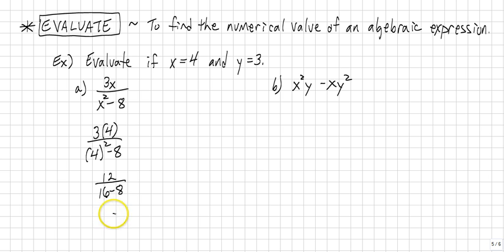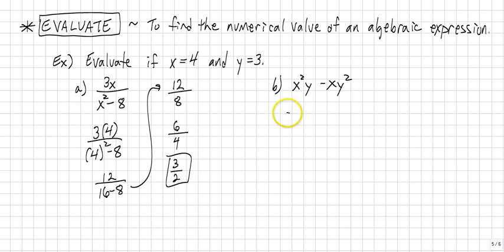And then from there, we have a 12 over 8. And then we can simplify. So that would be 6/4 or 3/2. Notice I used parentheses when I plugged the 4 in. I highly recommend, and will constantly remind you to do that.